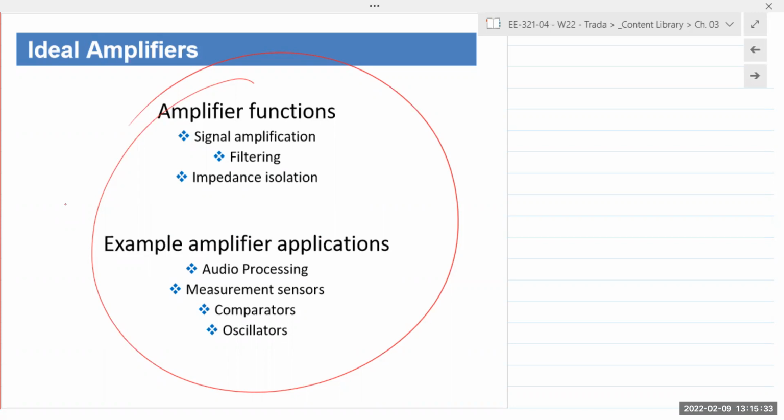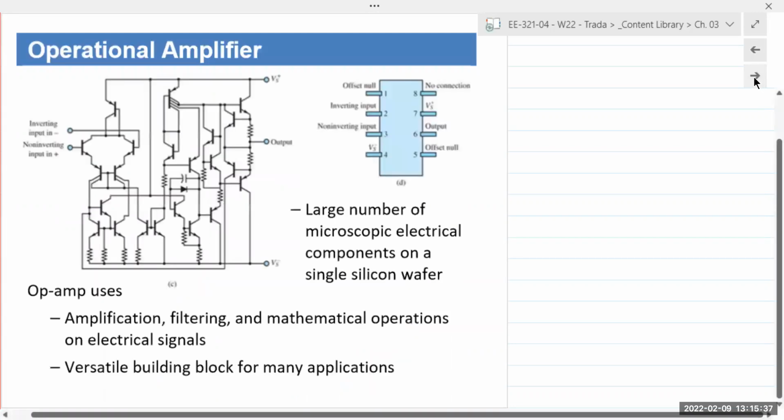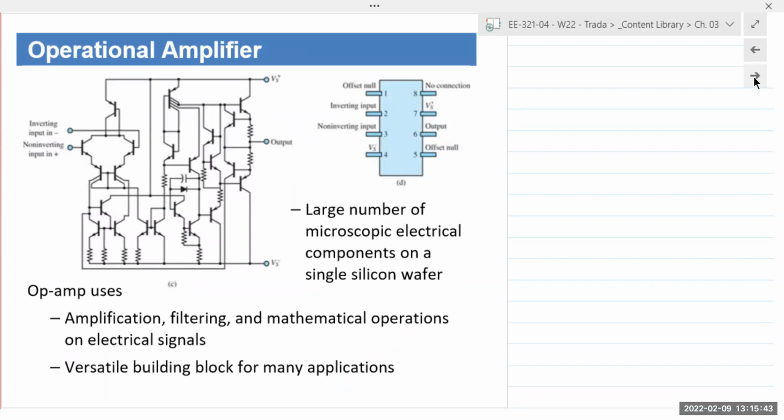One of the earliest solid-state devices was basically the operational amplifier. It had about 25 to 30 transistors, a few resistors, built into a single chip of silicon.